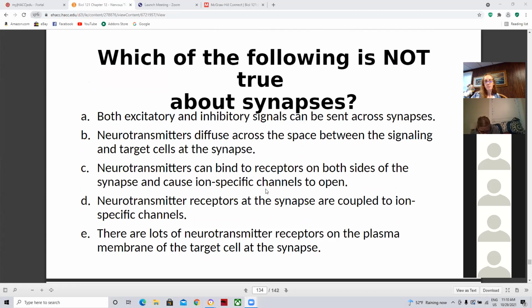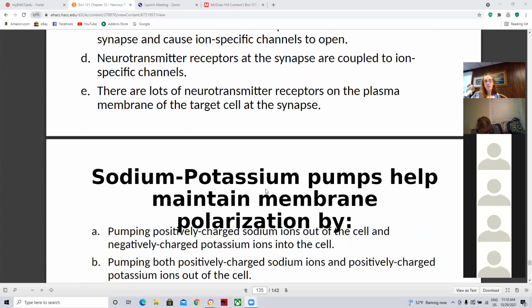Yes. Because they can't bind to both sides, right? Yeah.